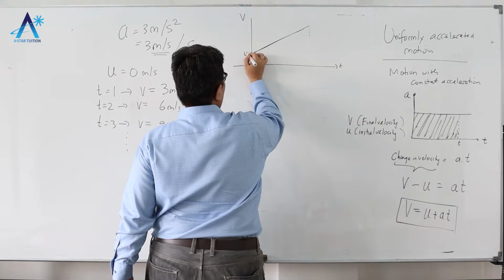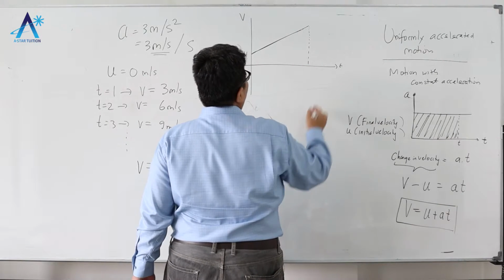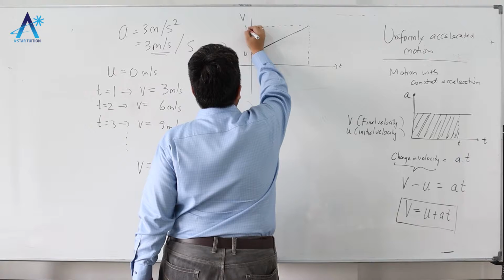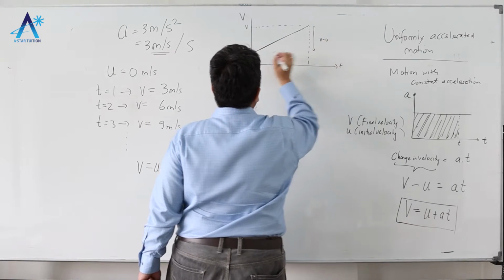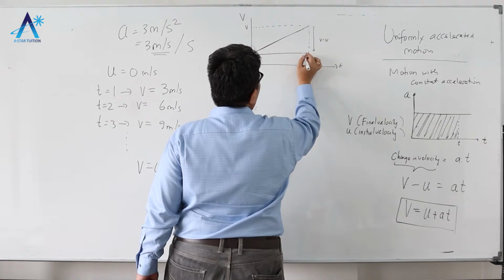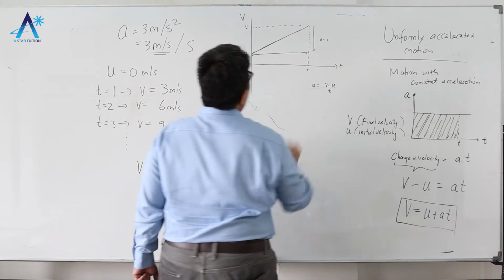So here this is u, and the acceleration is equal to the slope. So in other words, let's say this is v, and this is u. Then if you do v minus u over time, that gives you the acceleration. So a is v minus u over time.